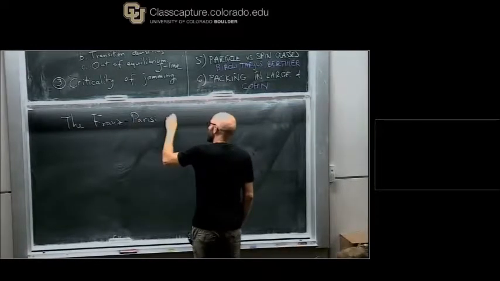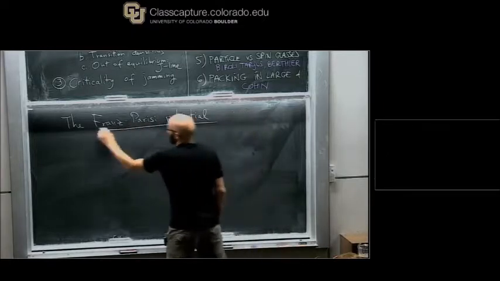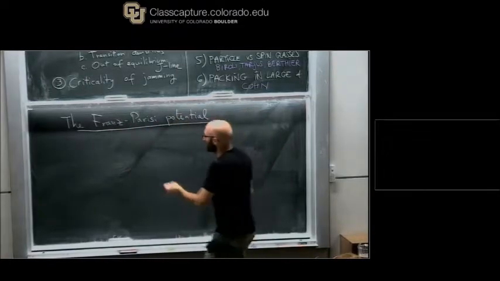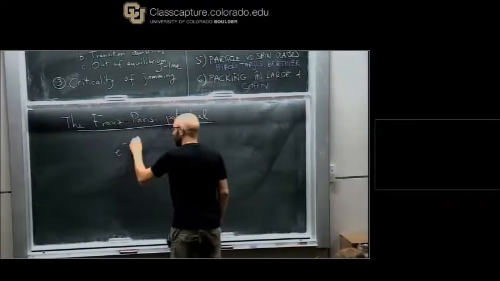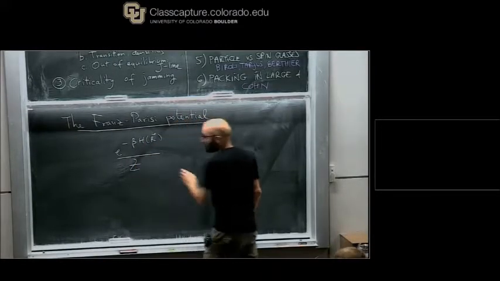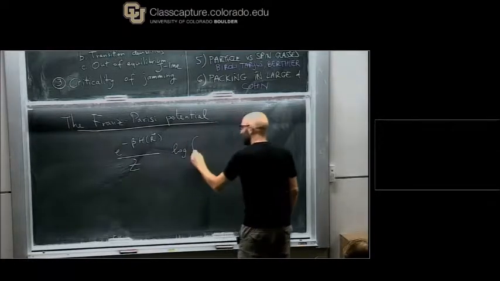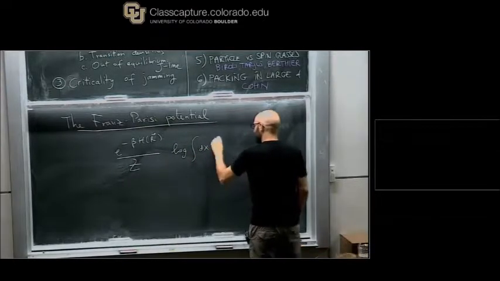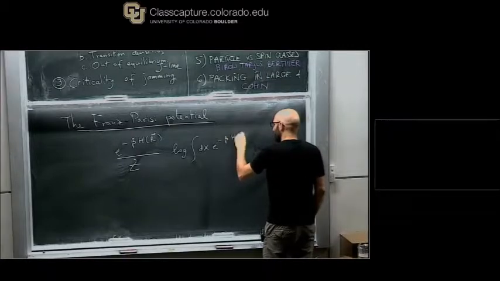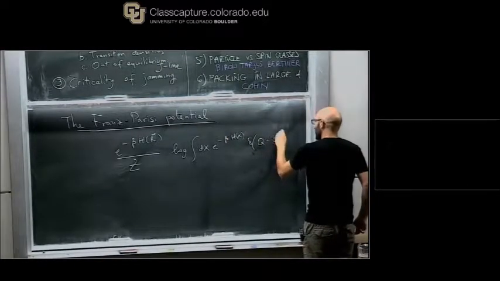So the Franz-Parisi potential has already been discussed by Giulio and by Ludovic. What it is: you take an equilibrium state that I will call R. You take it from equilibrium. You take a second state that is coupled to R, so there is a fixed overlap between the two states.